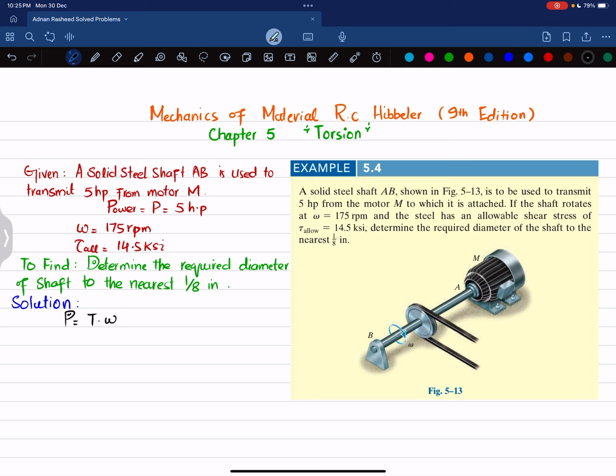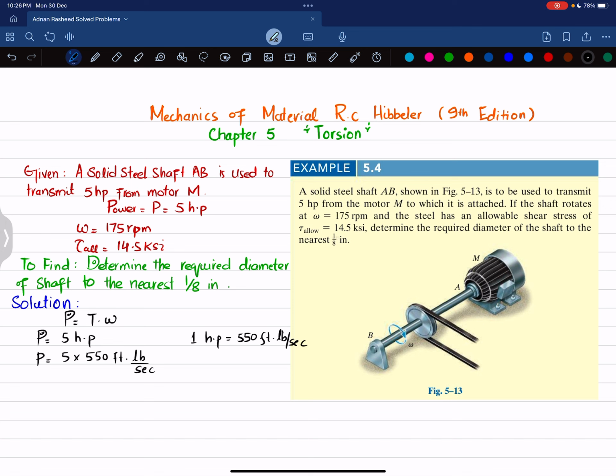Power is given as 5 horsepower, and we know that 1 horsepower is equal to 550 foot-pounds per second. Clear? This is 1 horsepower. So I can write 5 horsepower is equal to 5 multiplied by 550 foot-pounds per second.